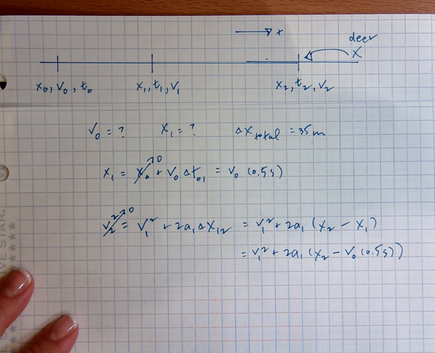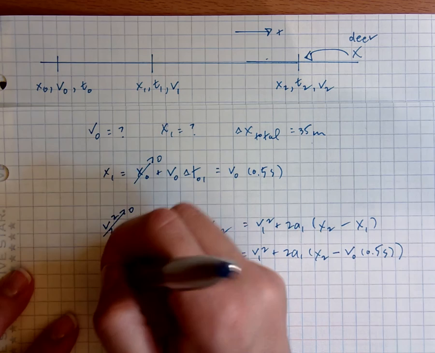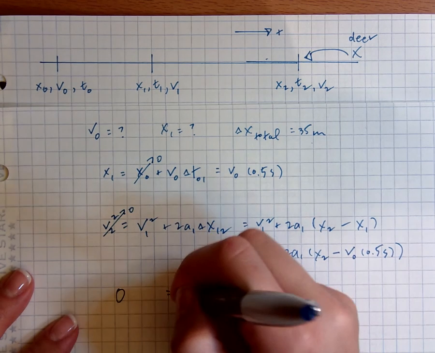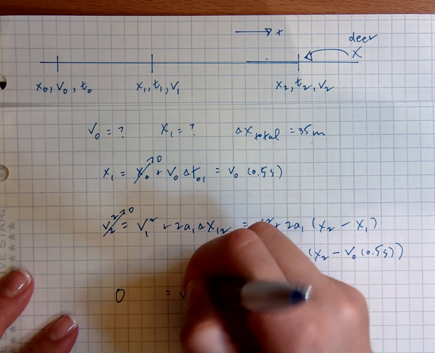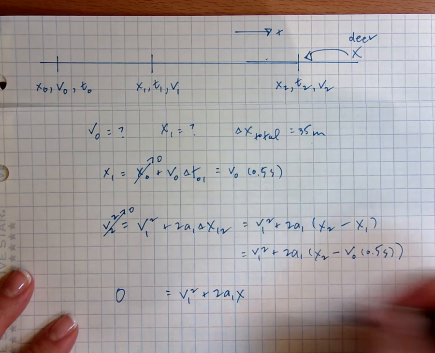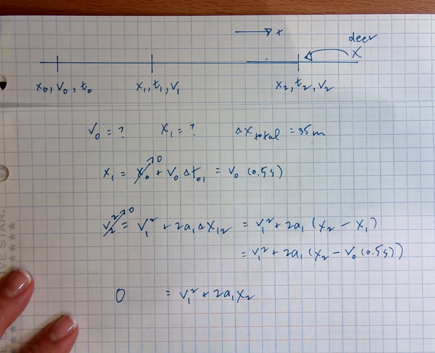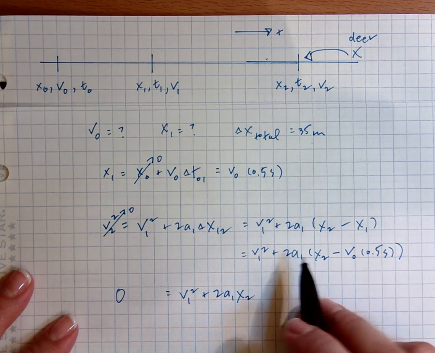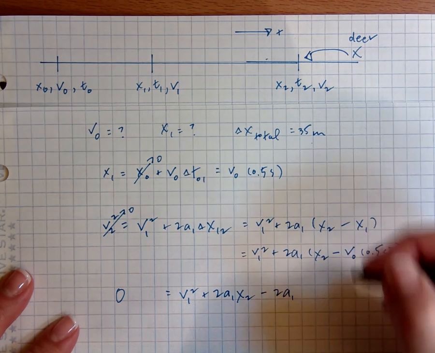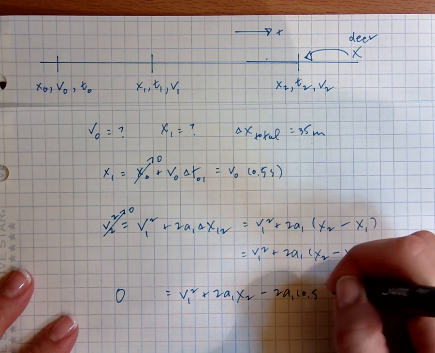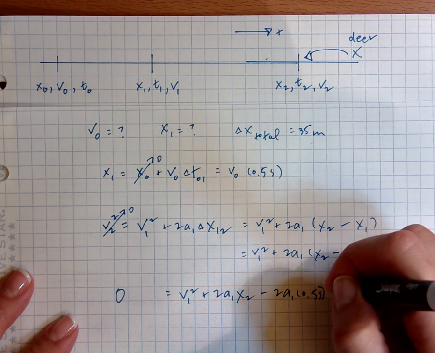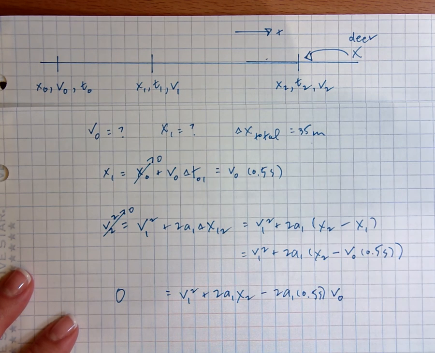So if we simplify, on the left-hand side of the equation, we have 0. On the right-hand side of the equation, we have v1 squared plus 2a1 times x2, and then simplify minus 2a1 times 0.5 times v0.